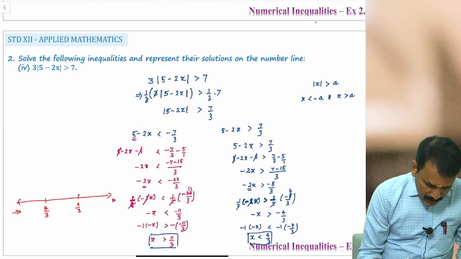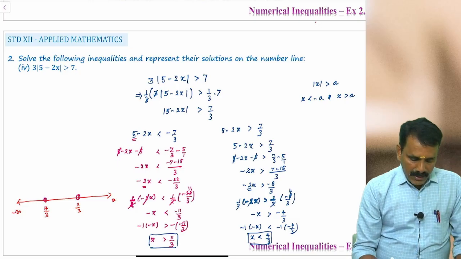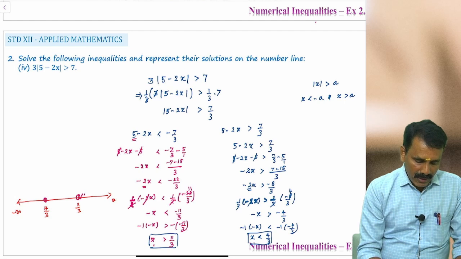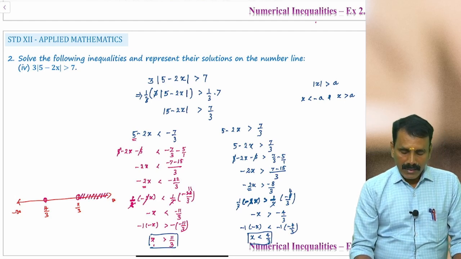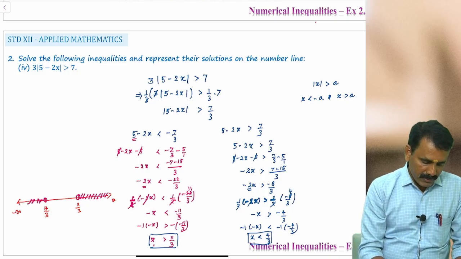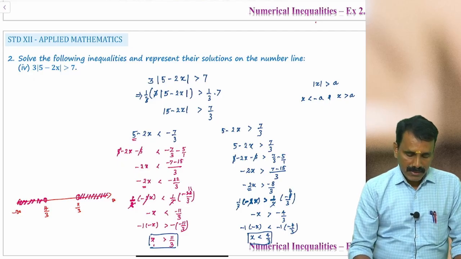So 11 by 3 is excluded, and here also 4 by 3 is excluded. x is greater than 11 by 3, so any number which is going to lie to the right of 11 by 3 will be marked, and x is less than 4 by 3, so any number which is less than 4 by 3 will be marked here. So this is the answer.